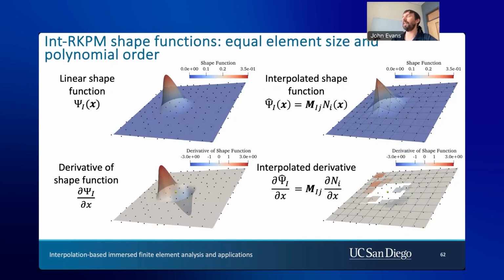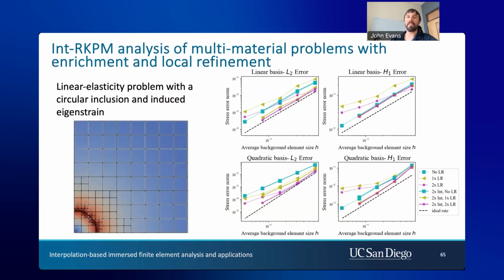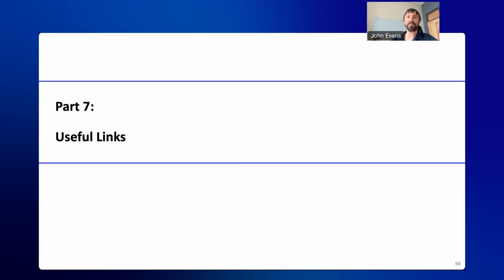And we can refine the foreground mesh to get nicer and nicer approximations of these RKPM shape functions. And you can apply this to multi-material problems with enrichment and local refinement. It performs quite well. And we have a preprint on this that we've submitted. I also submitted that to the arXiv, but it's not up yet. So if you want to take a look, feel free to reach out.